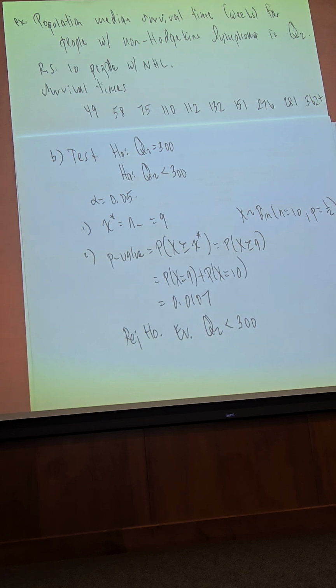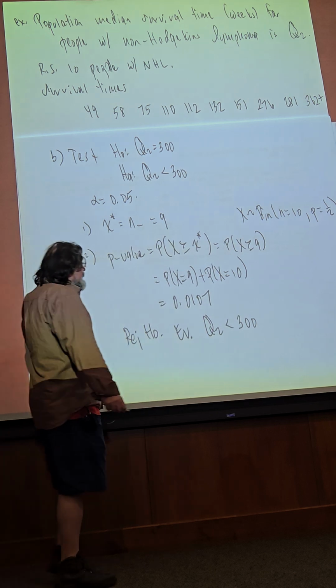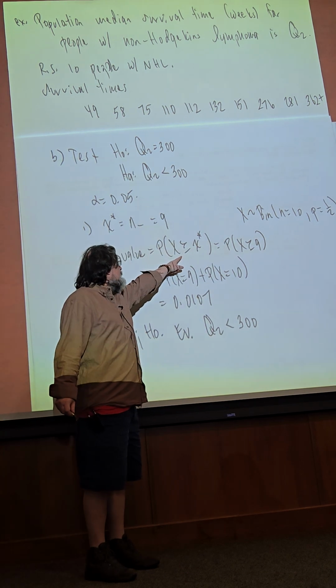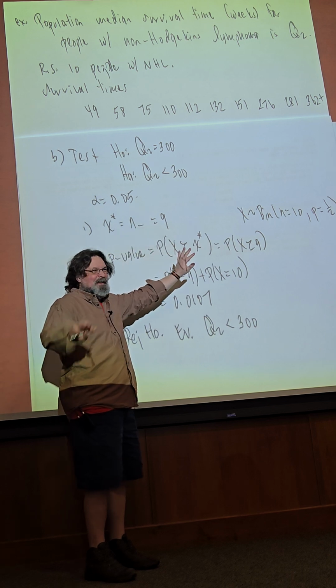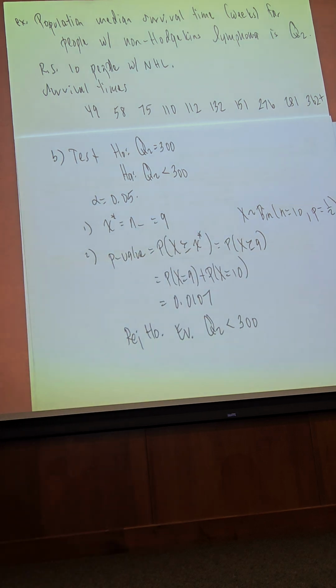But 9 out of 10 of my data points fell below 300. So in this case, my p-value doesn't match the alternative. You're kind of stuck with a little niggle like that. No matter how you set this up, it's just kind of the way it is.